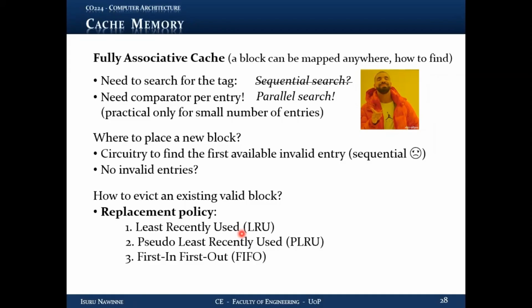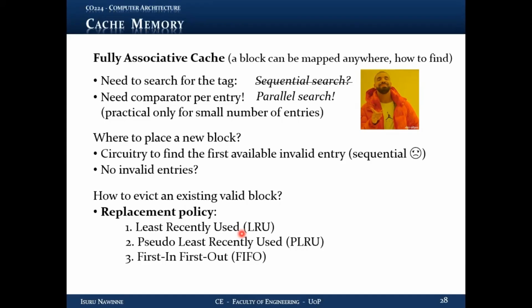Some particular hardware needs to update a timestamping mechanism in order to know which ones are more recently used and which one is the least recently used. To implement this exactly like that, you are going to have a very complex piece of hardware, and it's not often done in practice.